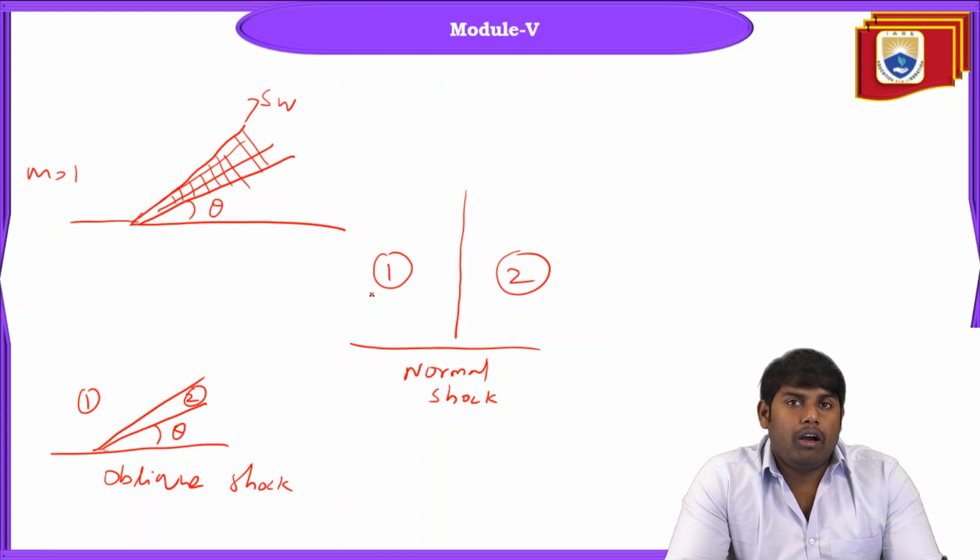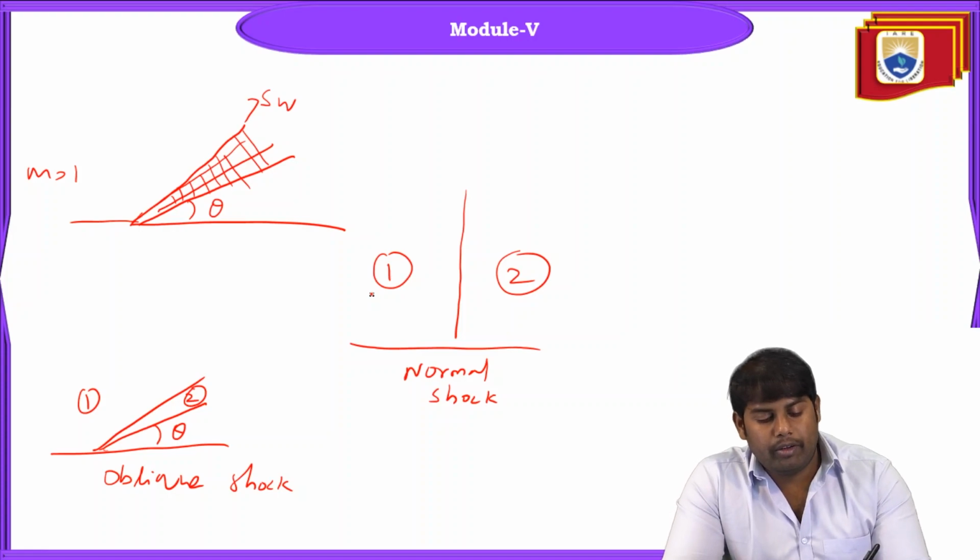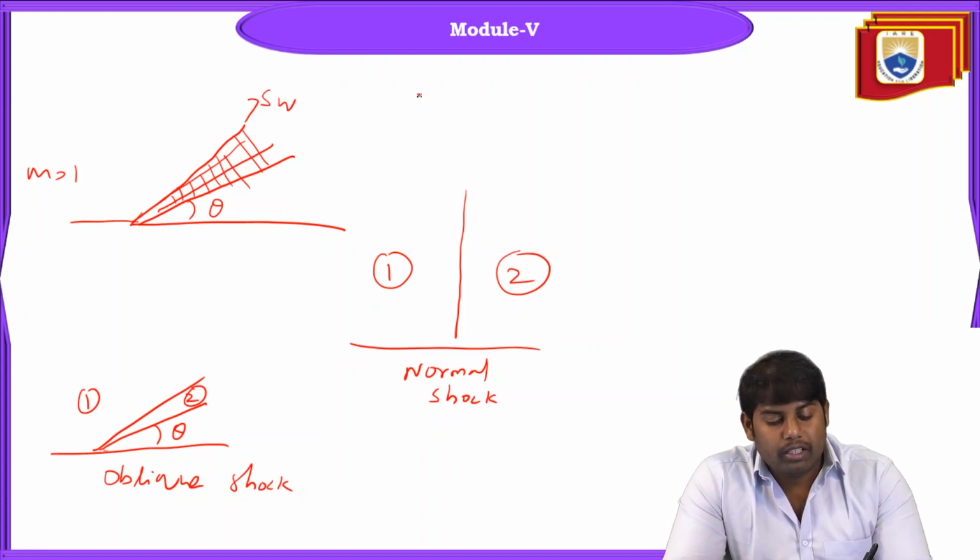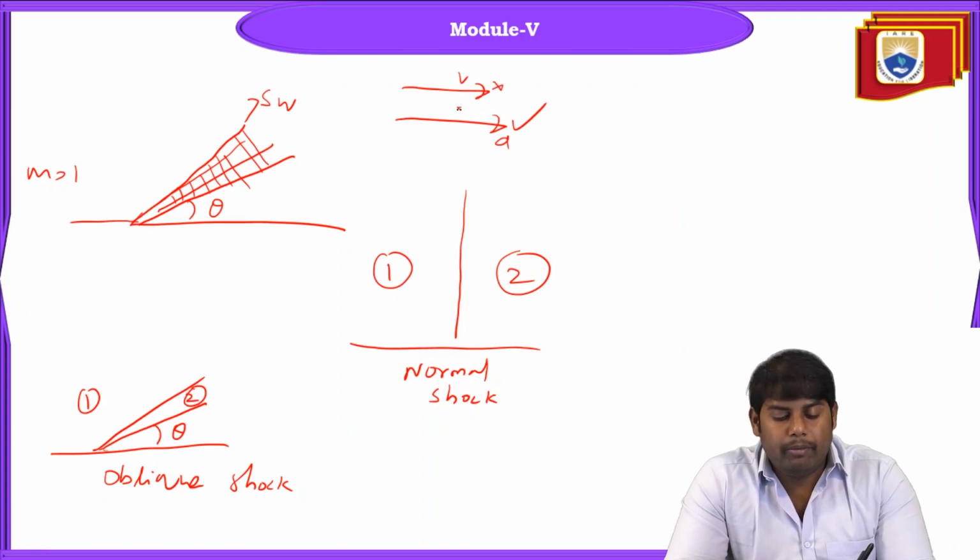What is happening? Weak sound waves join together and form a wave called a shock wave. When the flow is subsonic, comparing the body velocity and the speed of sound, the speed of sound will be higher and the body velocity lower.